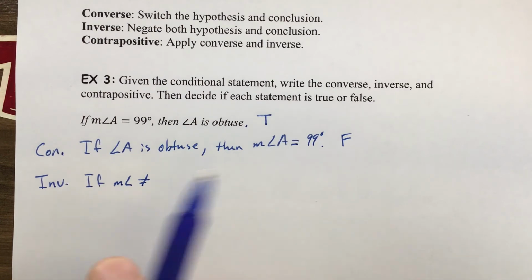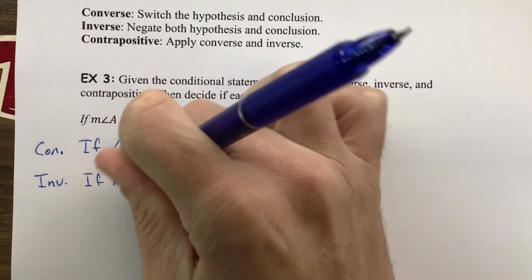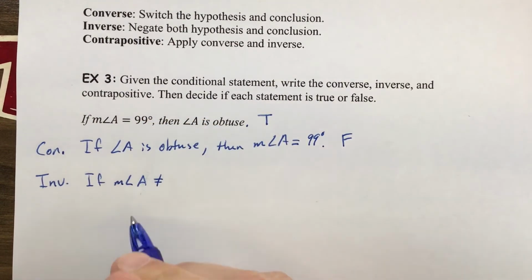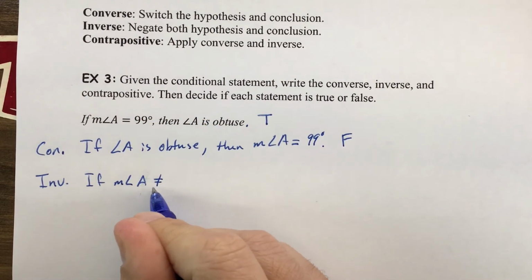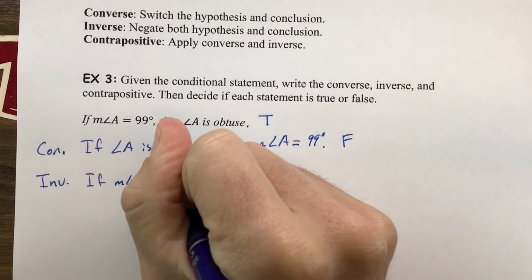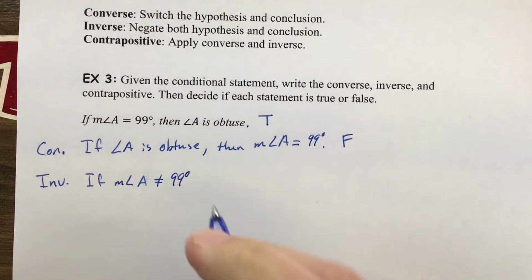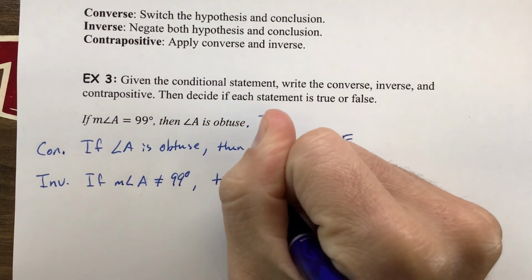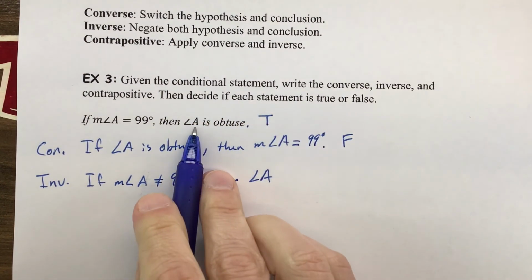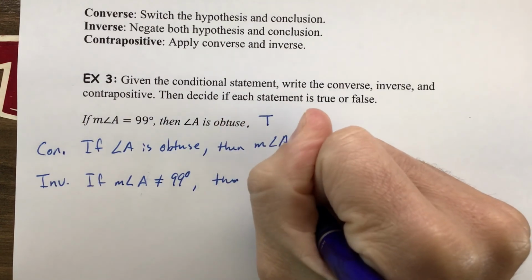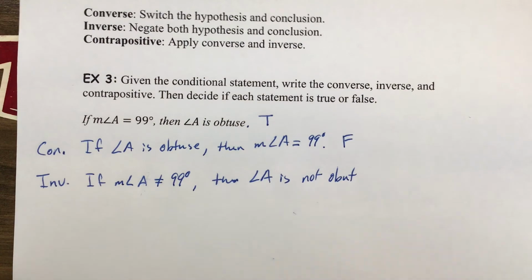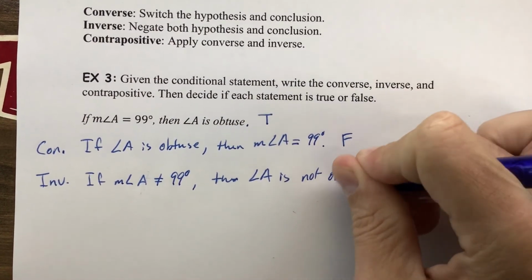If the measure of angle A does not equal 99 degrees, then angle A is not obtuse.